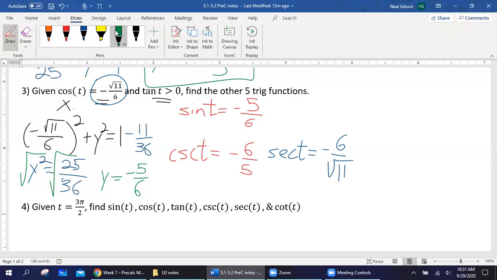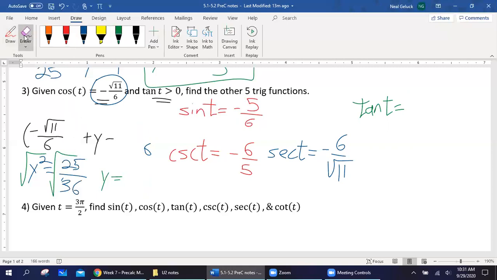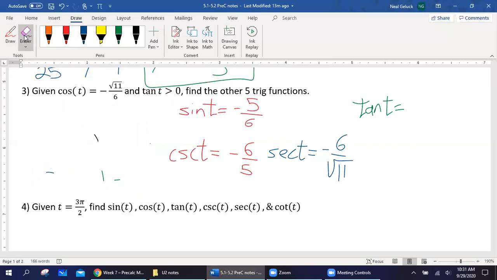And then to find tangent, remember that tangent is also thought of as sine over cosine. So make a little room here. If tangent is sine over cosine, well, I've got the sine, negative 5 over 6.